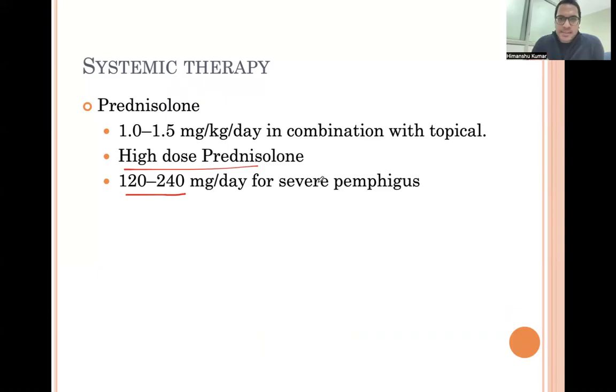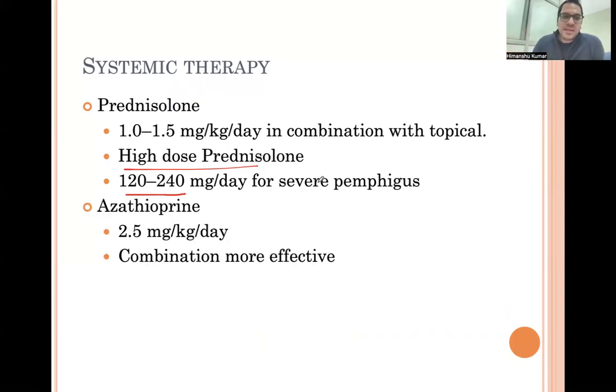So usually we start with steroids, gradually taper and stop, and then we give things like azathioprine, which are steroid-sparing immunosuppressant agents. The treatment is mainly to suppress the immune system to deplete the B cell antibodies. So anything is mainly immunosuppressant treatment.